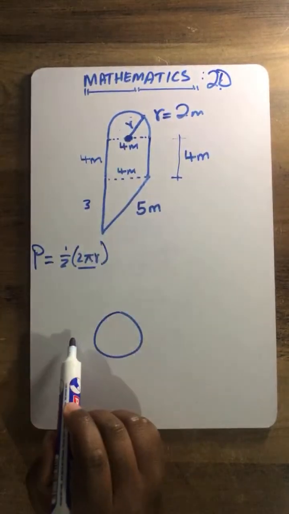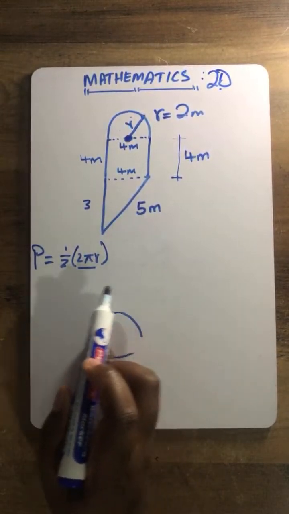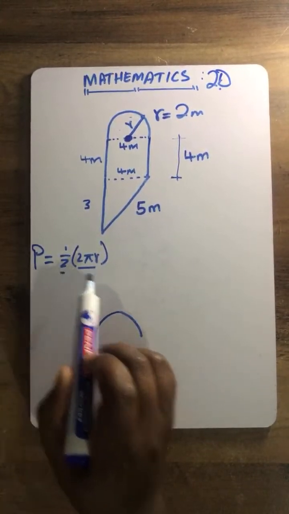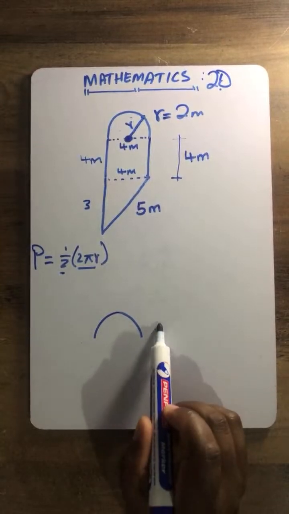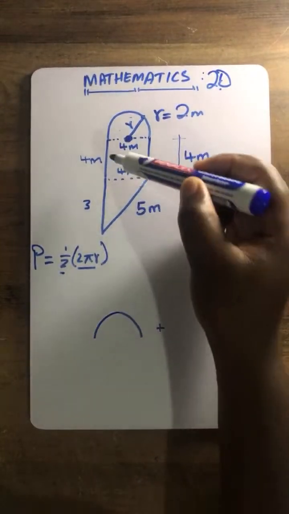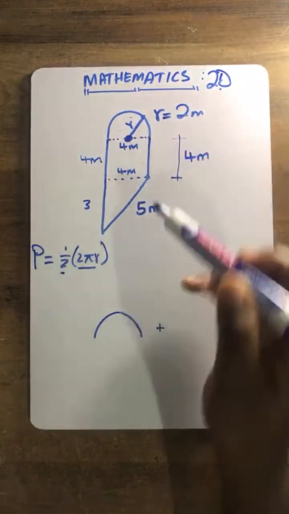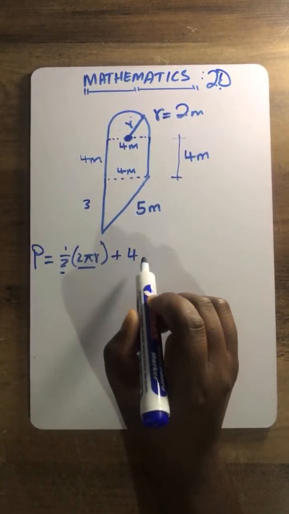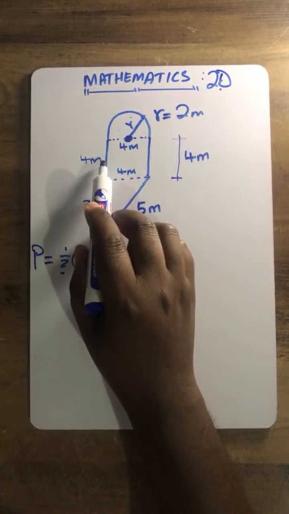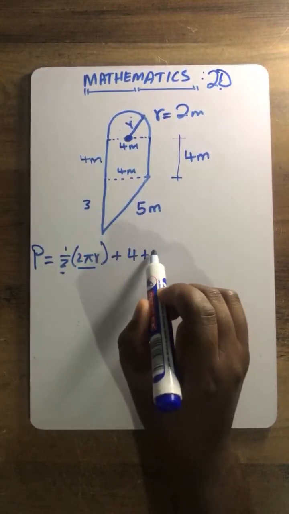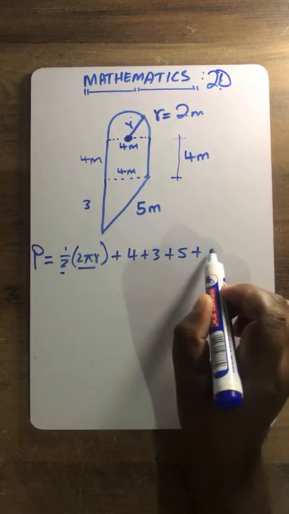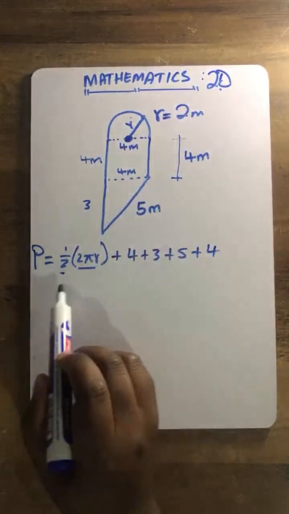But because it has been cut in half, that is why we have that half there. And then we are going to add these sides being 4 and 4, this side of 3, that one of 5, and then we conclude with that one of 4.